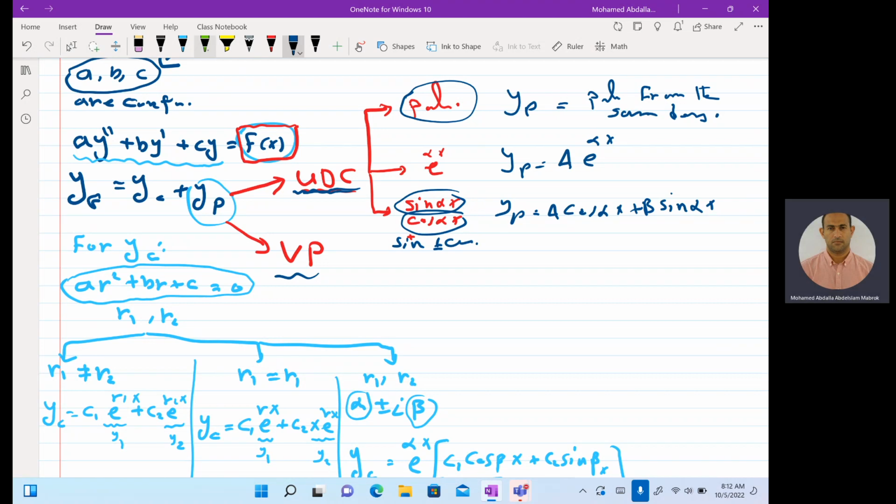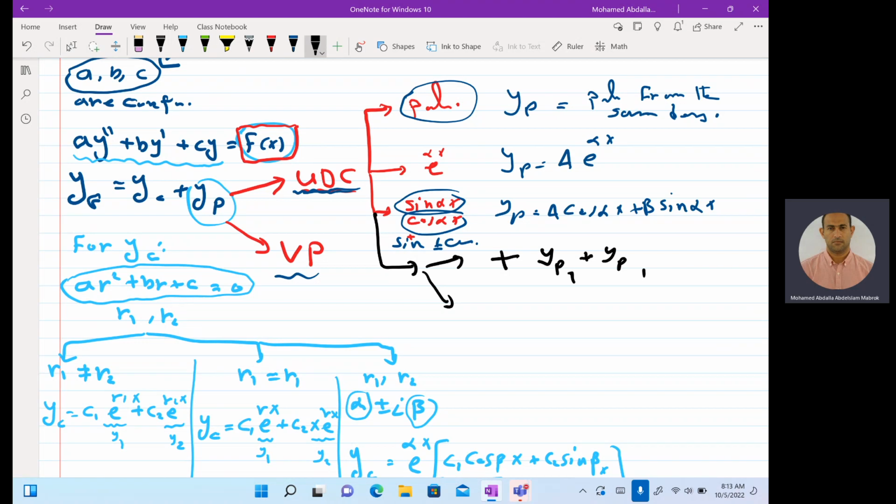And then we added a fourth case. It's not really a fourth case, it's really just a combination of these cases. We divided this to have kind of two streams. If they are added, then we add yp1 plus yp2, and then we divide the problem into two separate problems.